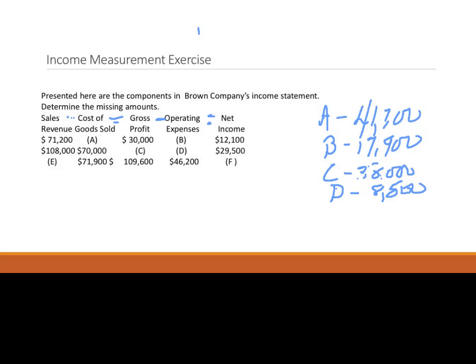And lastly, E. I don't know what their sales revenue is, but I know the cost of goods sold was 71.9 and the gross profit was 109.6. Those two together mean that E must have been 181,500. And lastly, F, I take 109,600 minus operating expenses. F is 63,400.